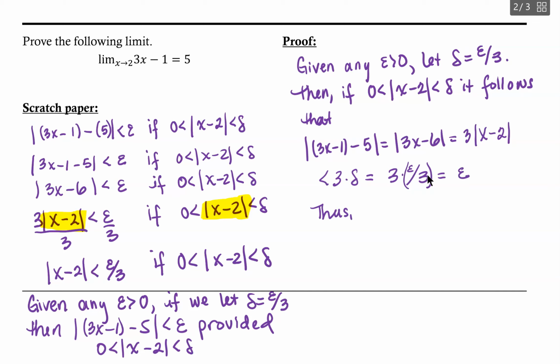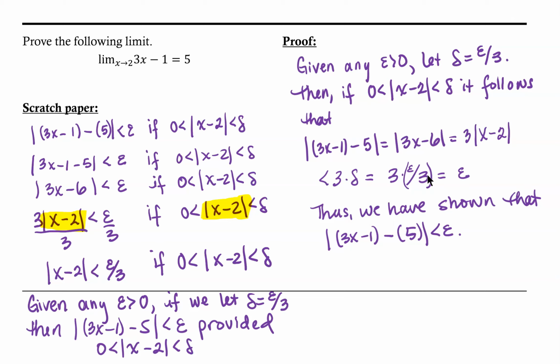Thus we have shown that the absolute value of our function 3x minus 1 minus its limit, which is 5, is less than epsilon. I hope this helps.